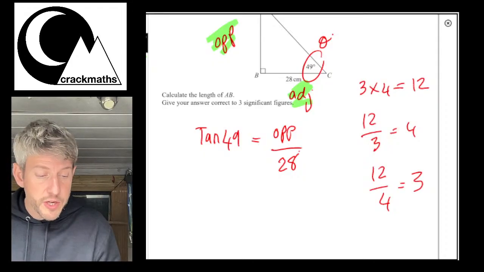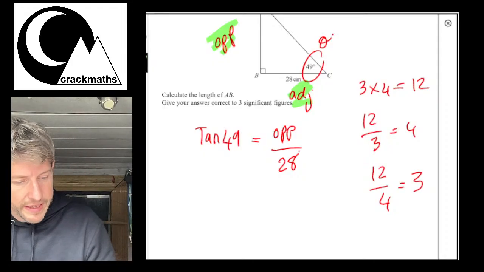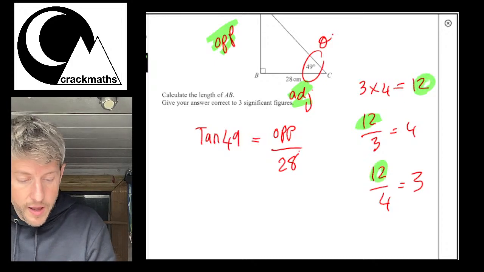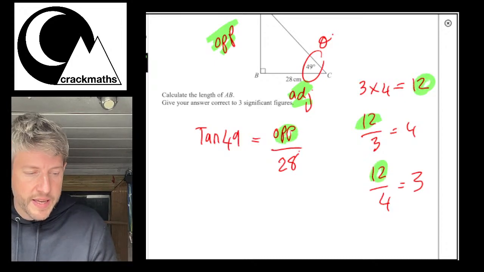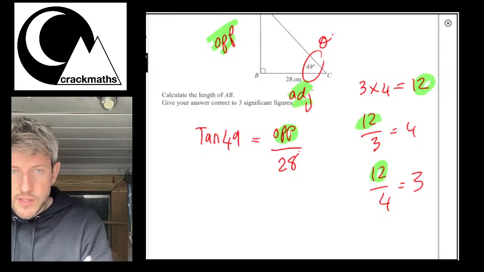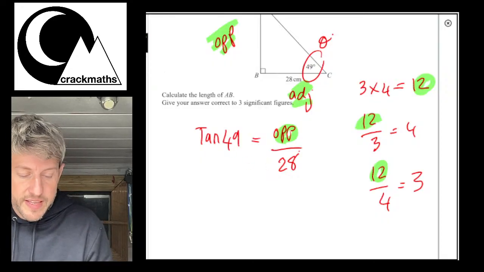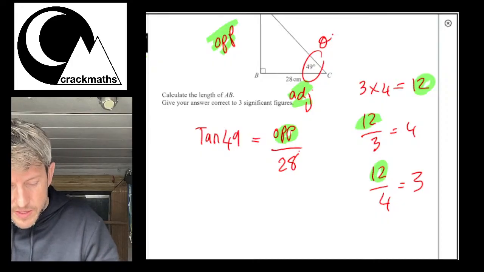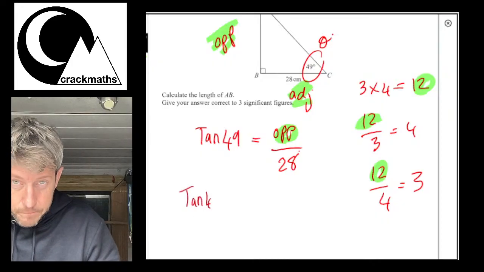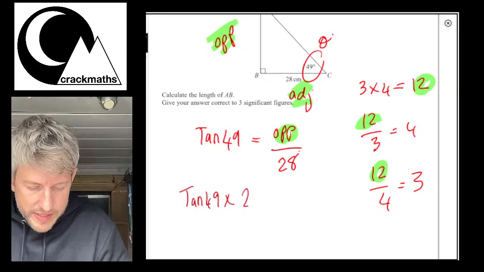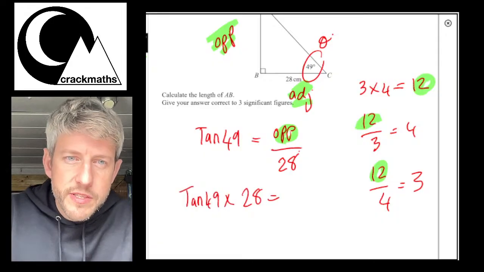When 2 things multiply to give something, which we often call the product, opposite is in the product situation. So these two things here will multiply to give the opposite. So we need to do tan 49 multiplied by 28, and that should give us our answer.